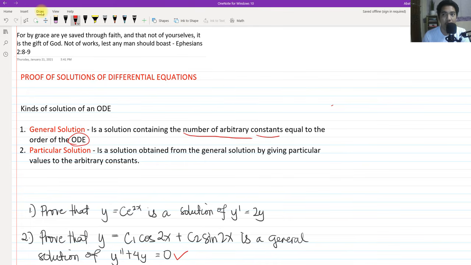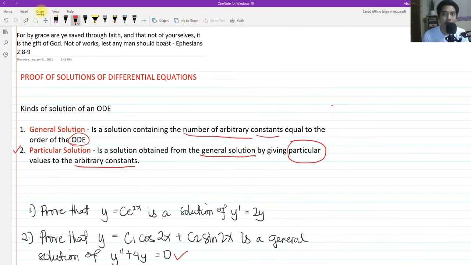So basically, a general solution is a type of solution of a differential equation in which the arbitrary constant is not defined, or the arbitrary constant does not have a specific value. But a particular solution is a solution obtained from the general solution by giving particular values to the arbitrary constant. So meaning the arbitrary constant in a particular solution is already defined.